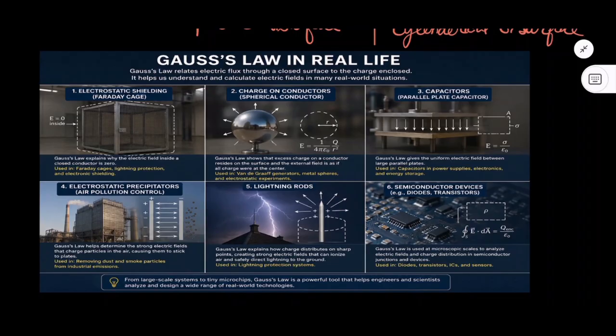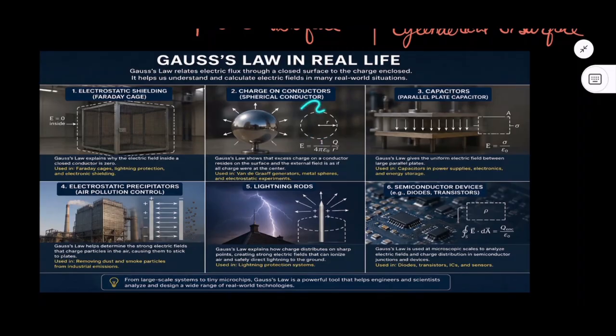We must have heard this example that during lightning, if you are traveling by car, it is recommended to stay in the car, and that car also behaves as a Faraday cage for you since it is metallic in nature. Since we now know that the electric field will be zero inside it, it will protect us from the lightning. Here we'll see how Gauss law is valid.